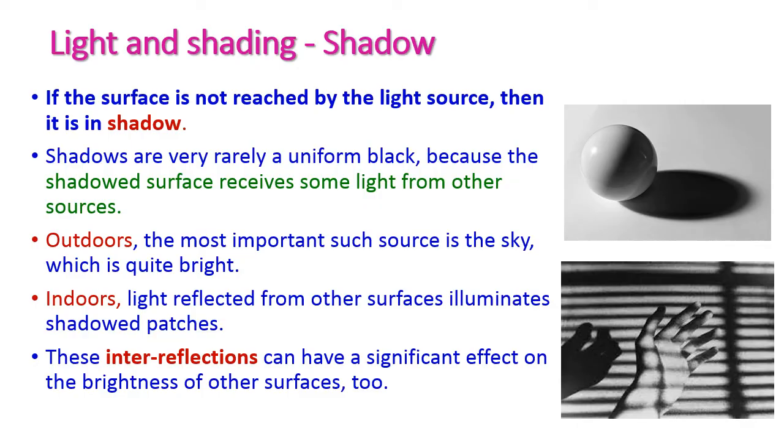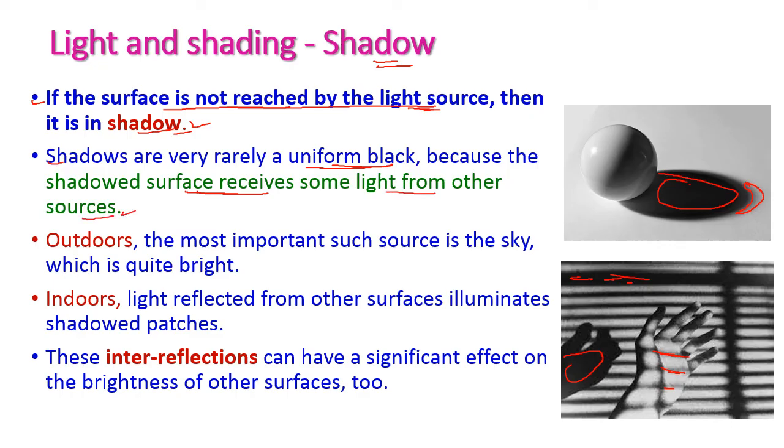The next one is shadow. If a surface is not reached by the light source, then it is called a shadow. See, this area is not reached by the light source, and these areas are not reached by the light source, hence this is called shadow, right? Shadows are rarely uniform black. See, this is also shadow, but this area is not black, because it gets some light from other light sources.